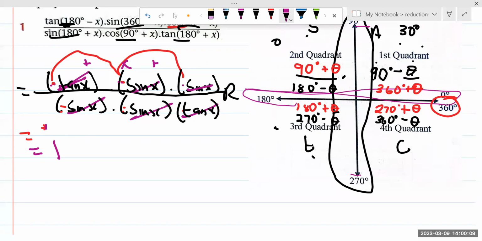So it means your numerator is positive. Then you go to your denominator. On the denominator, you have negative multiplied by negative. What is negative multiplied by negative? Positive. And then you still have a positive here. Positive multiplied by positive gives you what? Positive. Then it means our answer is supposed to be positive 1.